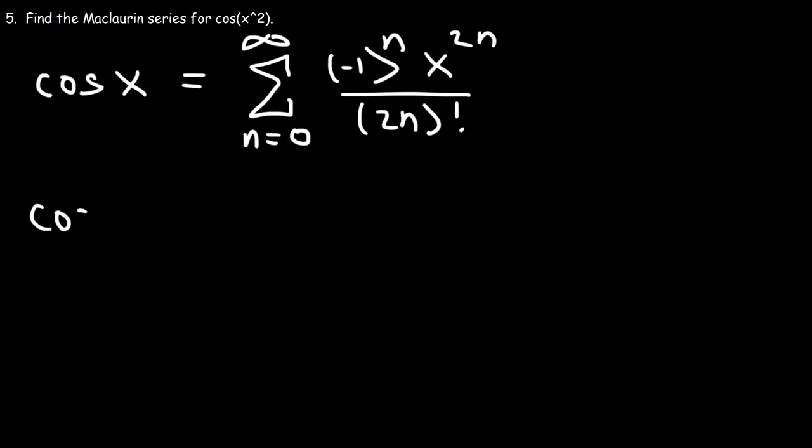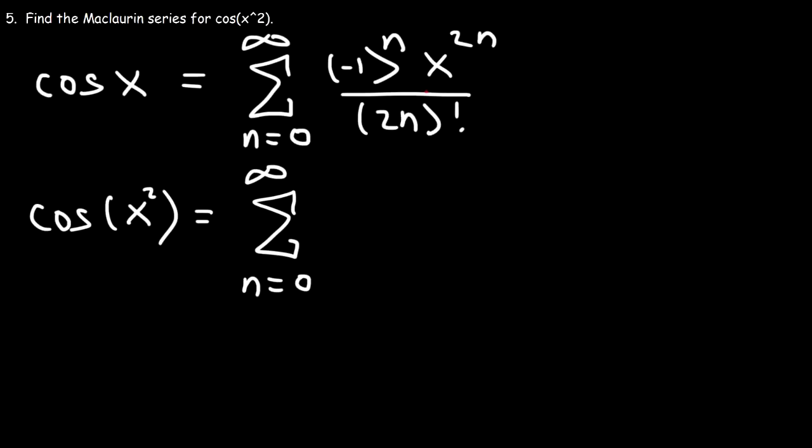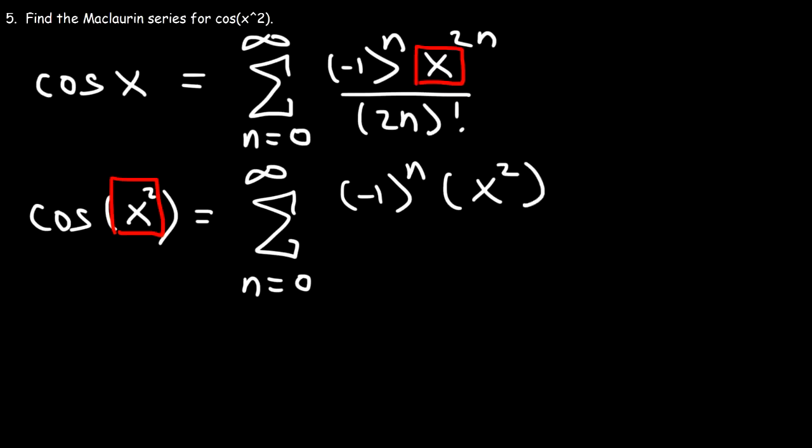So if that's cosine x, what can we say about cosine x squared? All we need to do is replace x with x squared. So this is going to be -1 to the n times x squared raised to the 2n divided by 2n factorial.